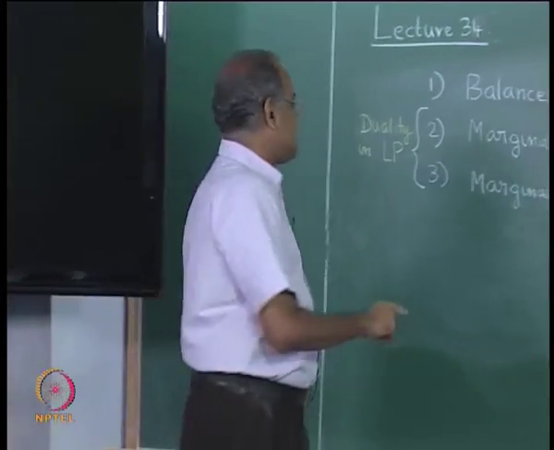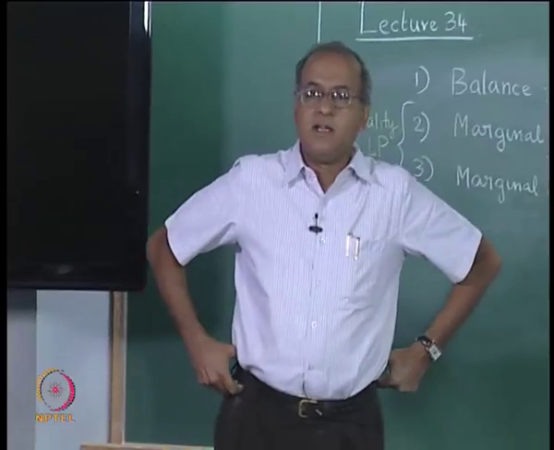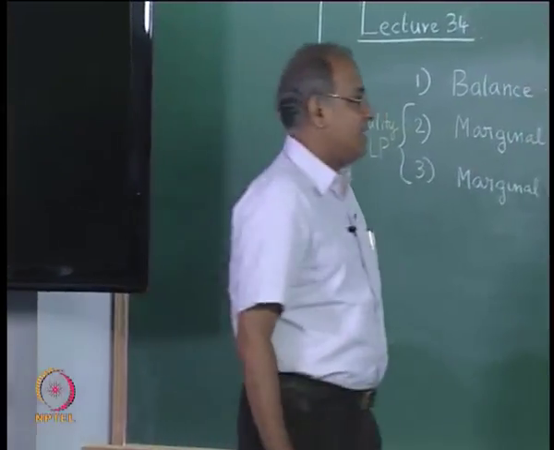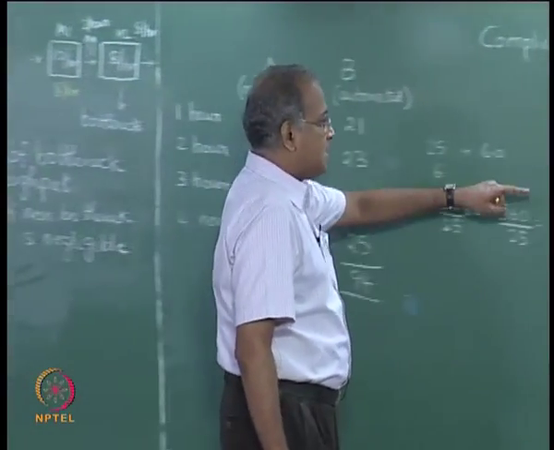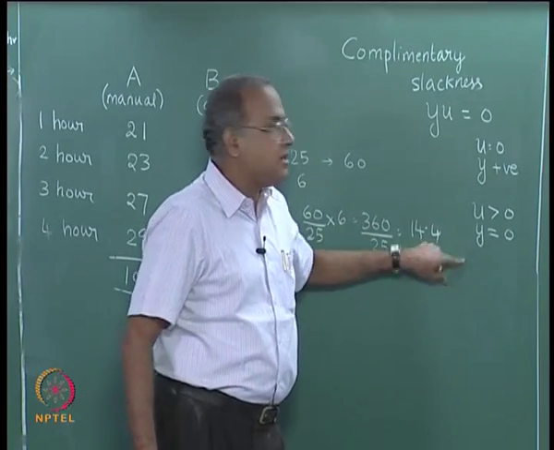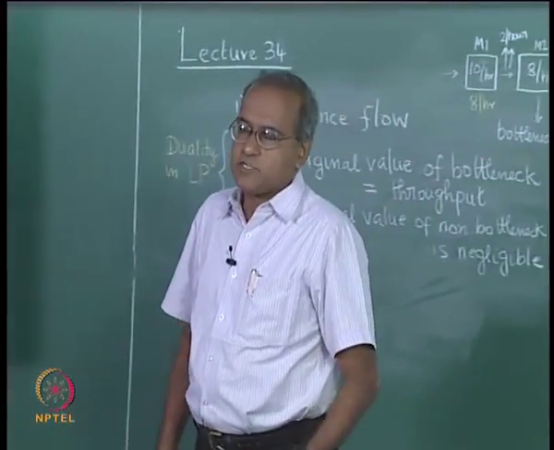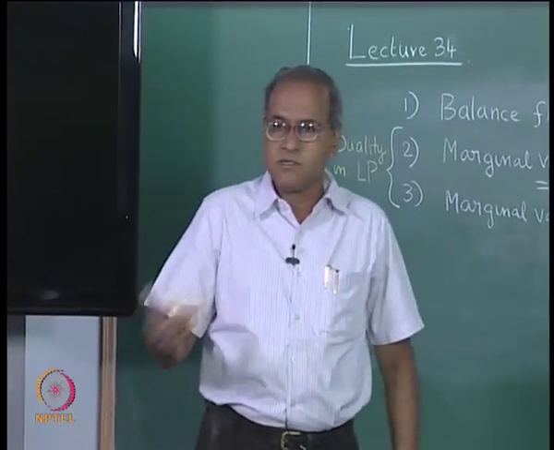And that is our SM3, which says marginal value of a non-bottleneck resource is negligible or 0, in the sense that u greater than 0 implies the resource is not fully utilized, which would give us y equal to 0.